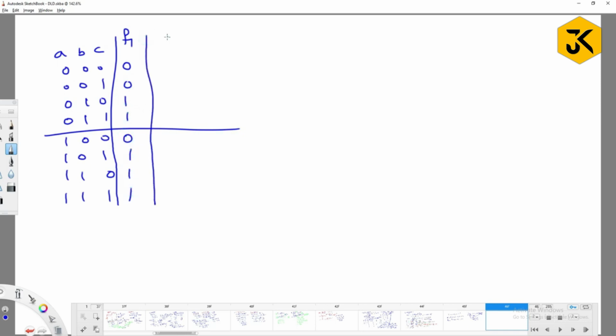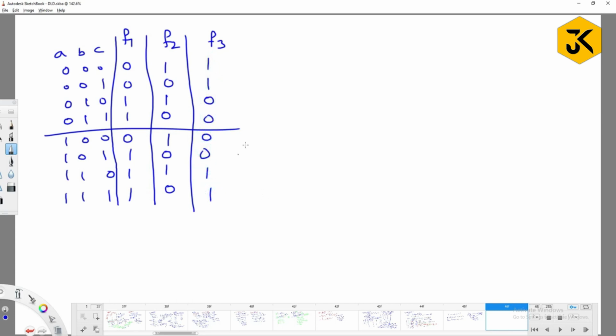Let me take one more function f2: 1, 0, 1, 0, 1, 0, 1, 0. Take function f3, for example, 1, 1, 0, 0, 0, 0, 1. I have just taken some random numbers here.